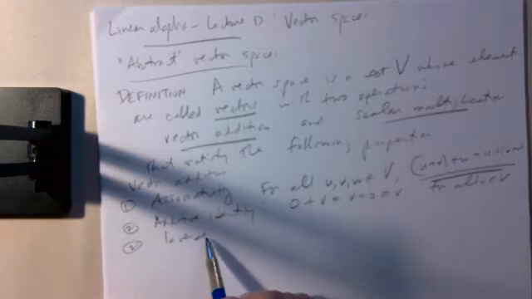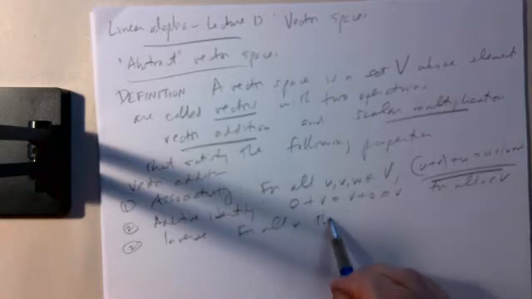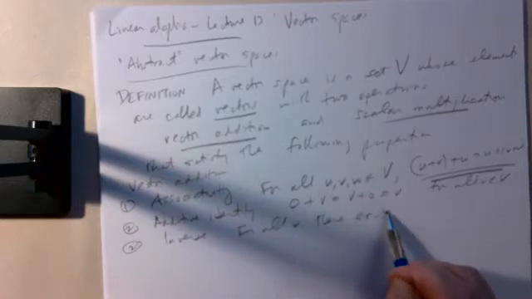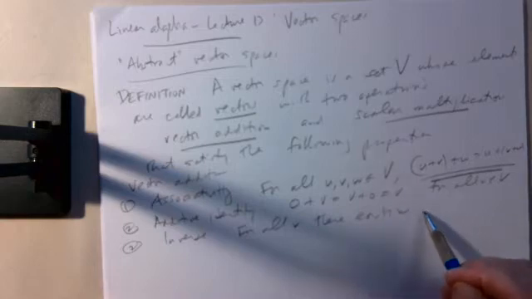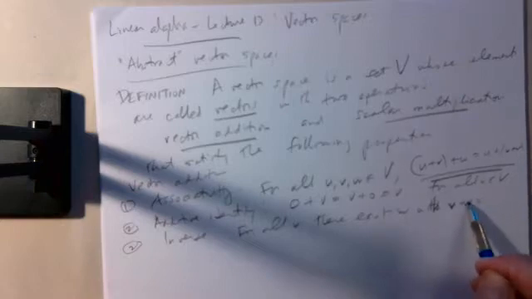We have inverses. For all v, there exists a vector w such that v plus w and w plus v equals 0.